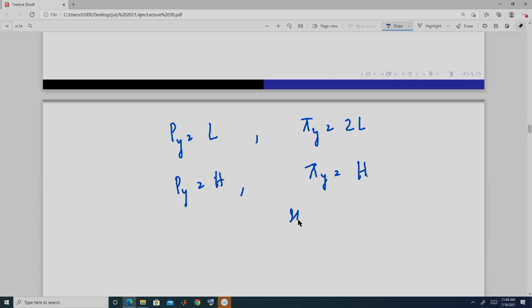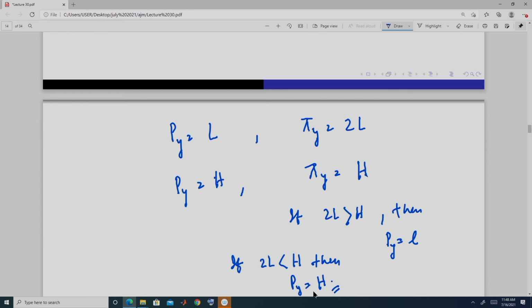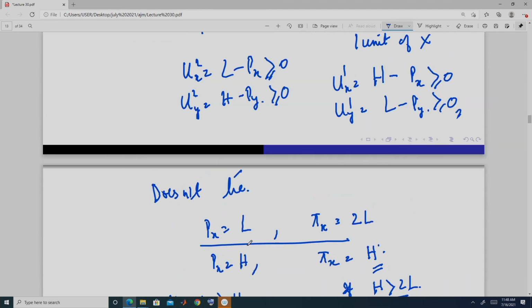So if 2L is greater than H, then the price is L, and if 2L is less than H, then Py is equal to H. These are the pricing strategies if it does not tie, that is, if tying is not there.